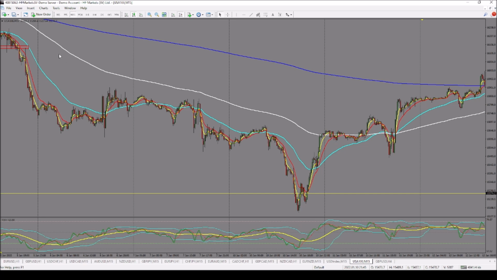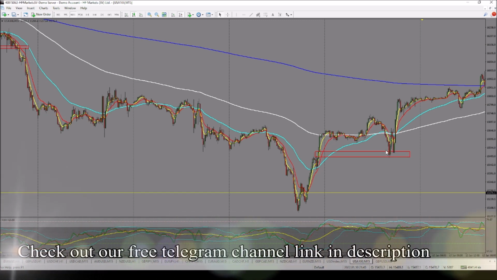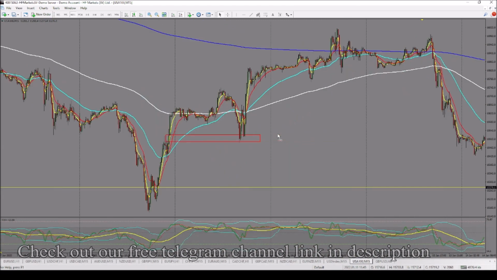And then later seeing the market retest after confirming that we are now in an upward trend. So we were going to enter at the retest of this region, right?